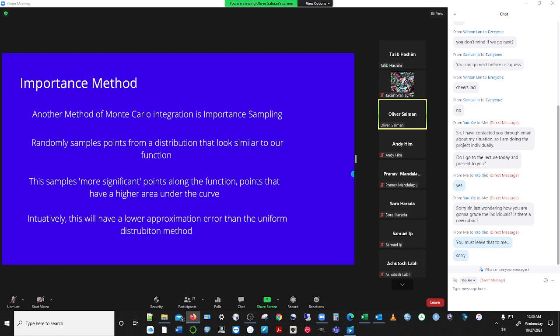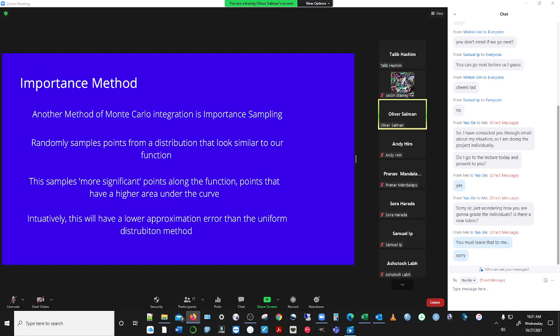For our next method, we're going to be talking about the importance sampling method. It's just another method of Monte Carlo integration, but instead of sampling points completely randomly from a uniform distribution, we pick a distribution that looks roughly similar to our function of interest.